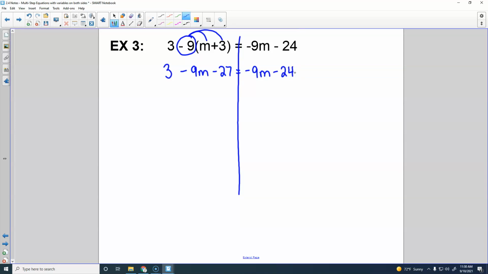Alright, now I need to combine like terms. Do not start moving stuff yet. Combine like terms. On the left-hand side, what could we combine? 3 and negative 27. So I've got 3 and negative 27. I'm not doing an opposite operation here. I'm just putting those together.